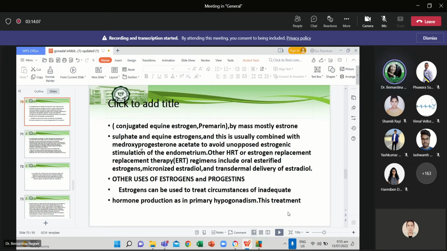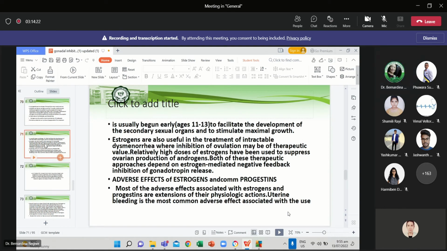Estrogens can be used to treat circumstances of inadequate hormone production, as in primary hypogonadism. This treatment will begin at early ages, 11 to 13, to facilitate the development of your secondary sexual organs and to stimulate maximal growth. Okay?